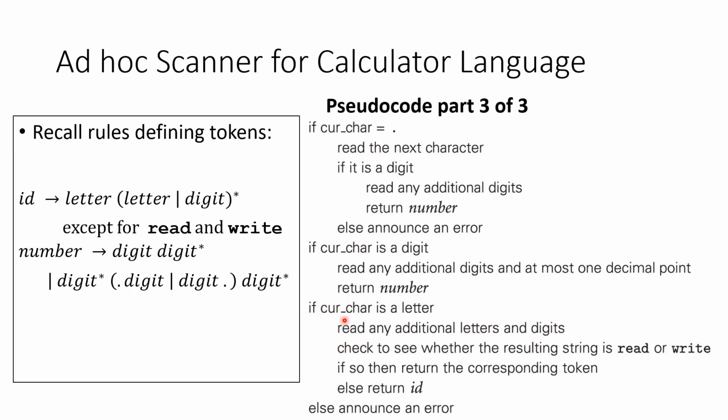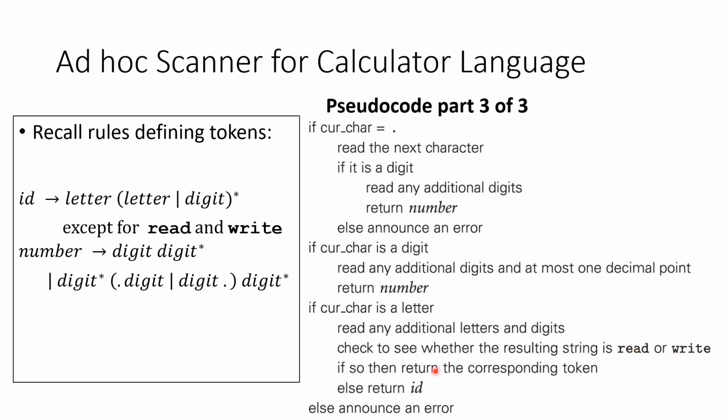In the case that the current character is a letter, then it keeps reading letters and digits until it can't anymore. Then it checks to see whether the resulting string is a reserved word, read or write.